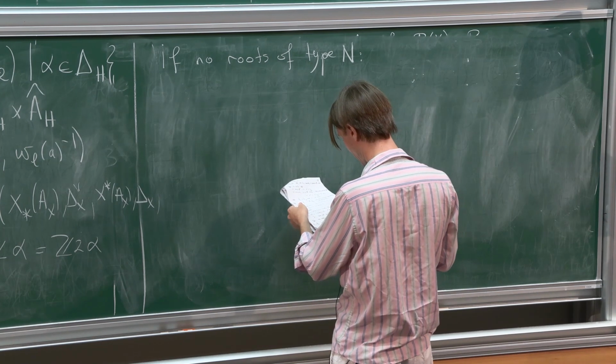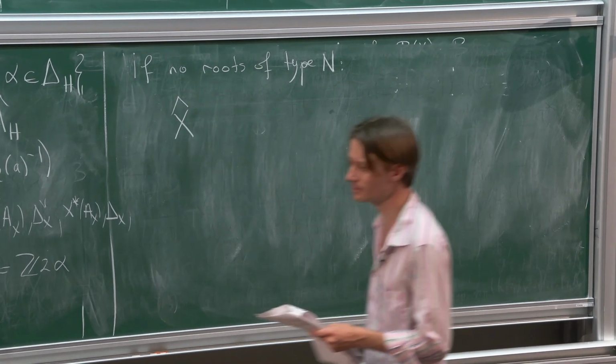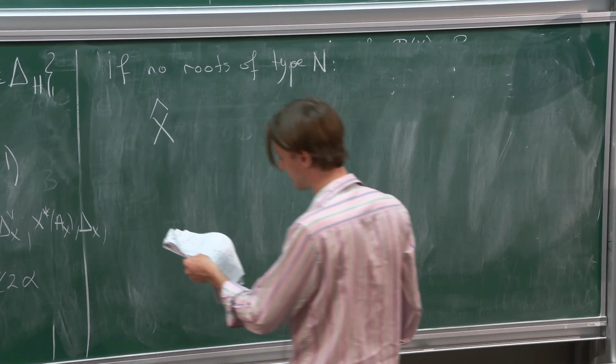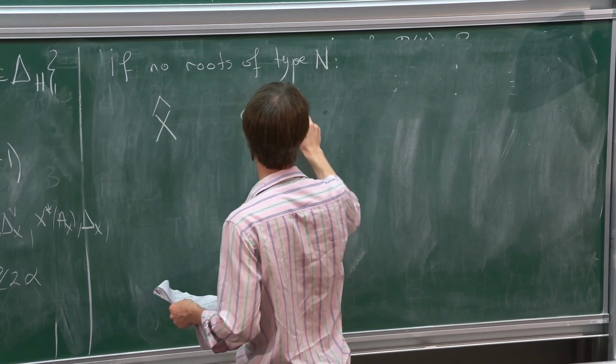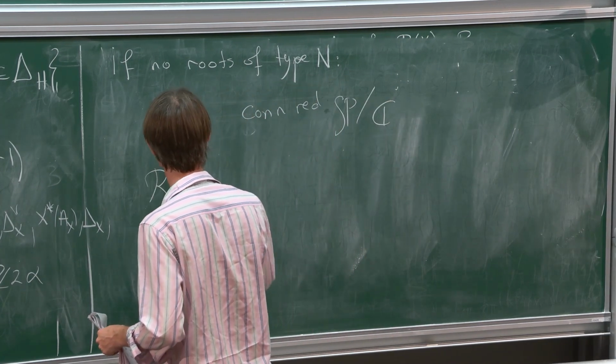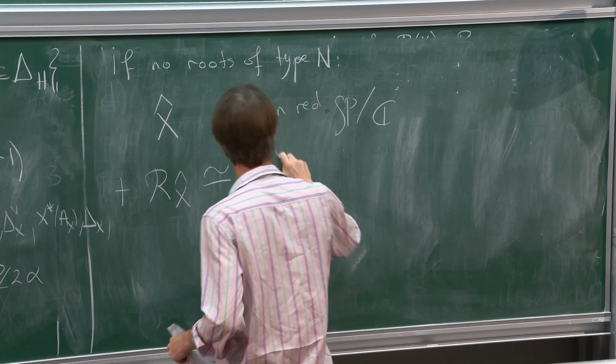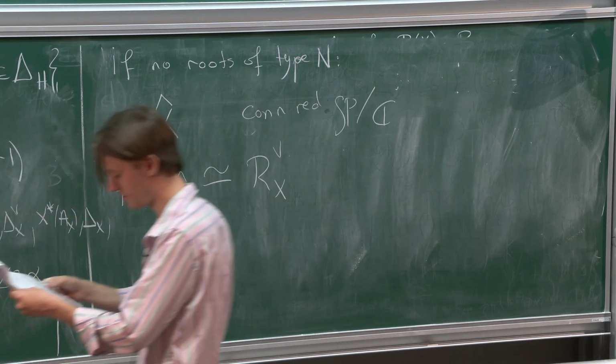So now, if there is no root of type n, we define the dual group X hat as a connected reductive group over C, equipped with an isomorphism of its based root datum with the dual based root datum here.